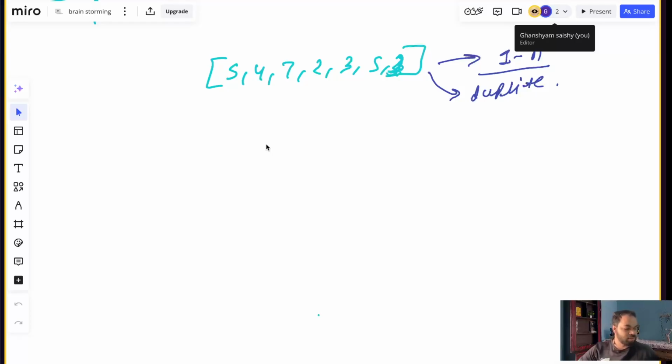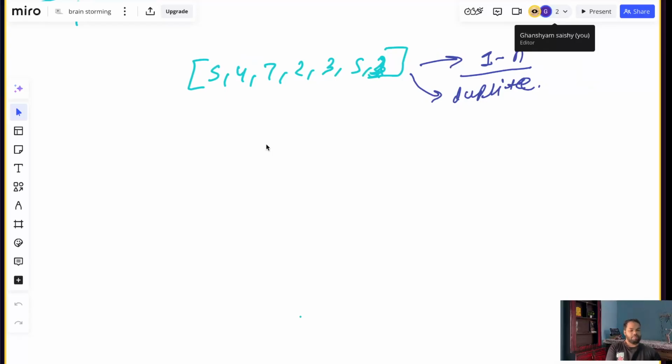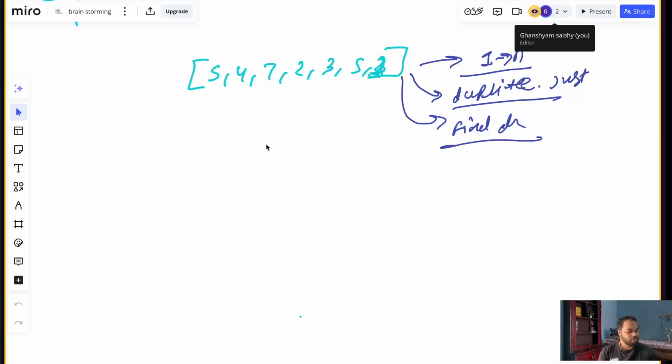They are present only 2 times, just duplicates, not triplicates or quadruplicates. And the range is 1 to n. We need to find the duplicates only.